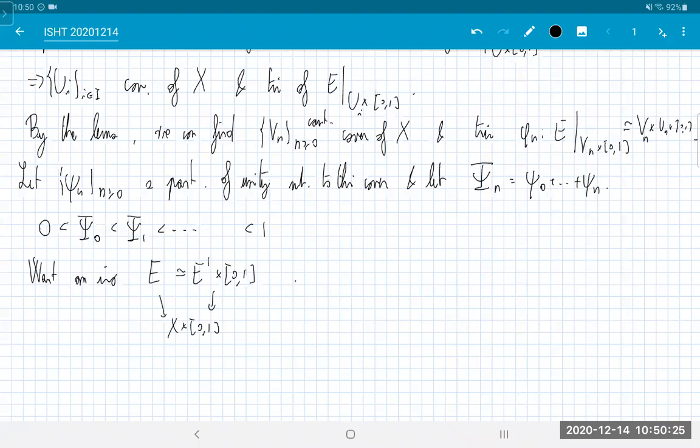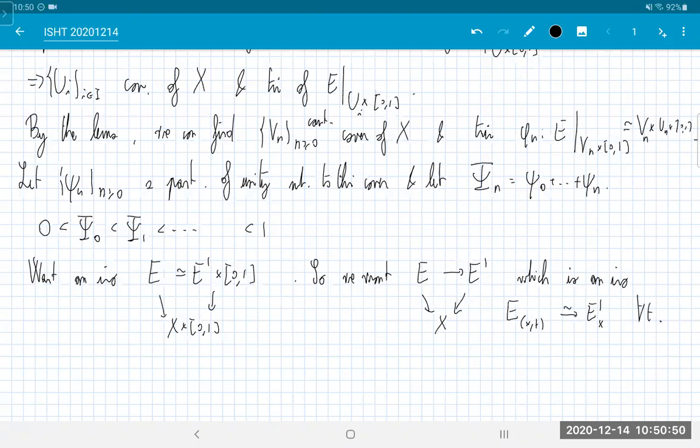So what we want is a map E to E prime over X, which is an isomorphism from E over (x, t) to E prime over x for every t. Sorry, it's annoying, but it's not really fibers over x, because you need to take the fibers over x times [0, 1] for E.